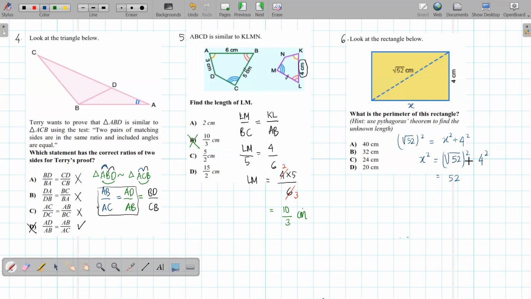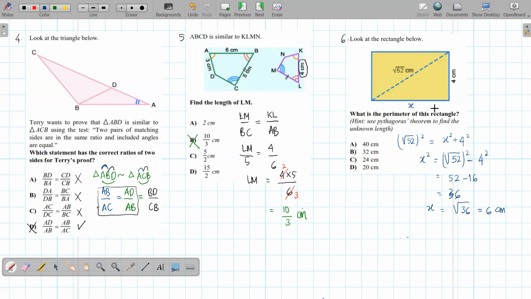So this one minus 16. 52 minus 16 equals 36. 36 is the value of x squared. So x is the square root of 36, which equals 6 centimeters.